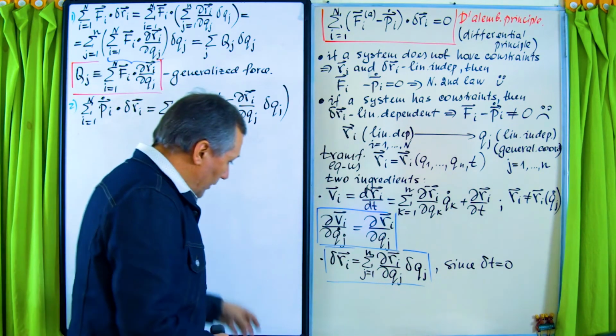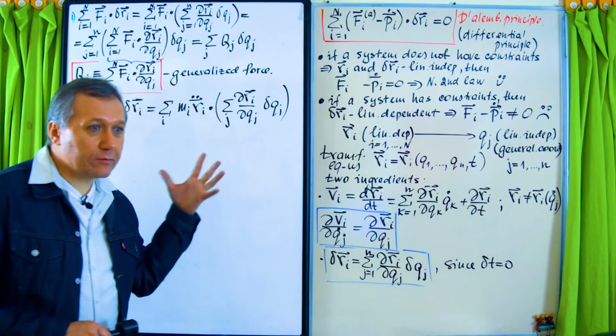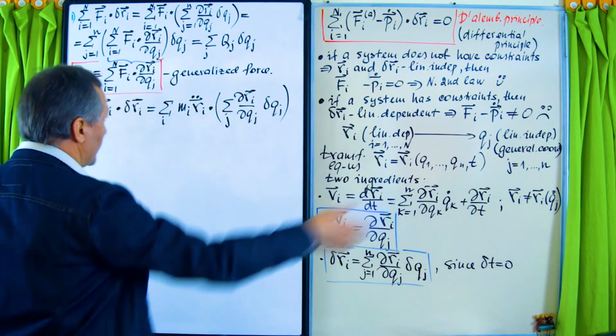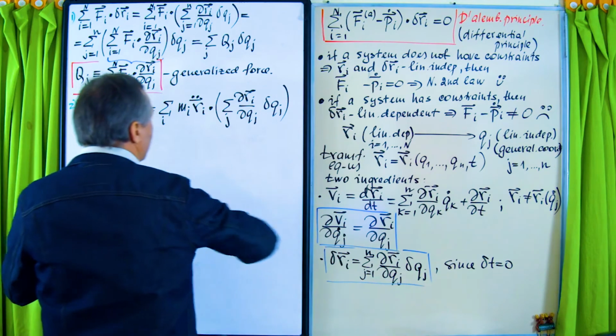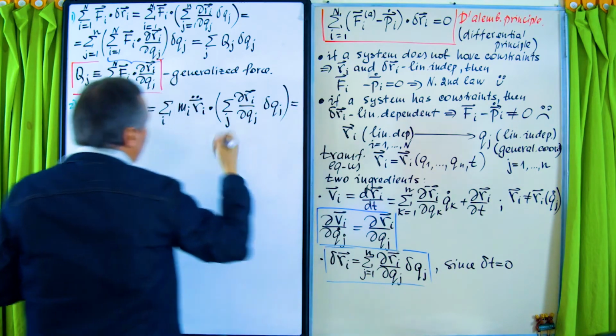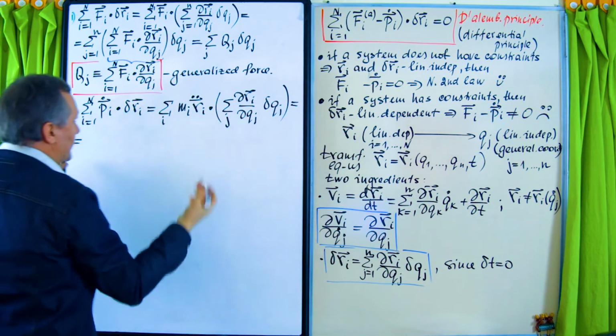Again, so now let's rewrite in the form which we want. Delta Q outside, summation over j outside, and then we will deal with what will be inside.